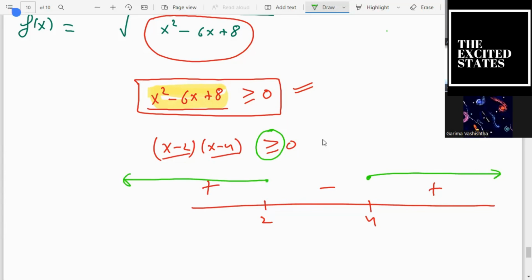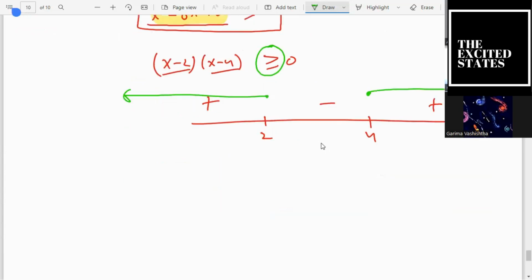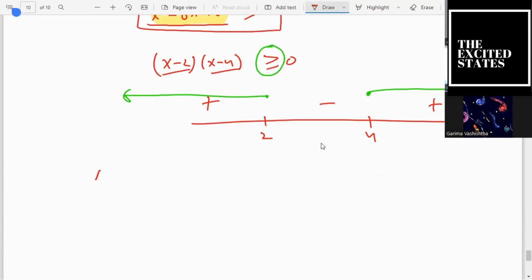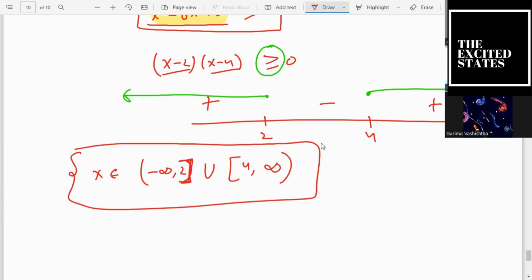That means the domain will be x belongs to minus infinity till 2, and 2 is included here, union 4 till infinity. So this is the domain. I have just solved the inequality to determine the set of values of x.